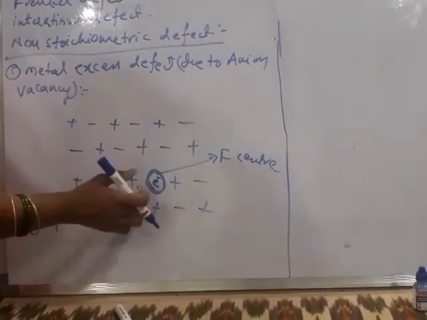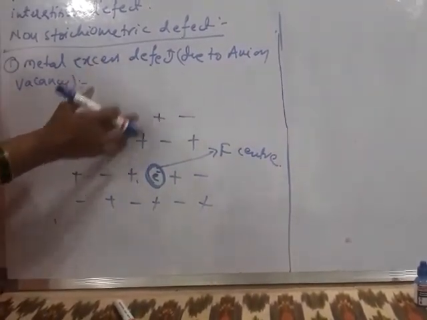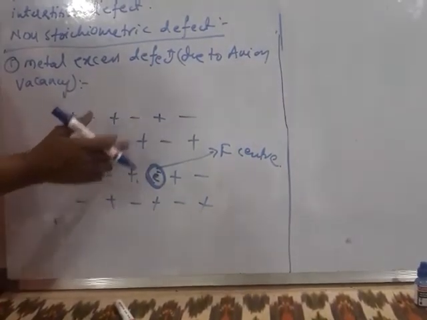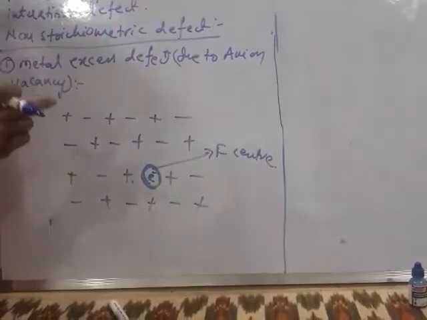What is an F center? An anion vacancy in a crystal which gets occupied by electrons is called an F center.